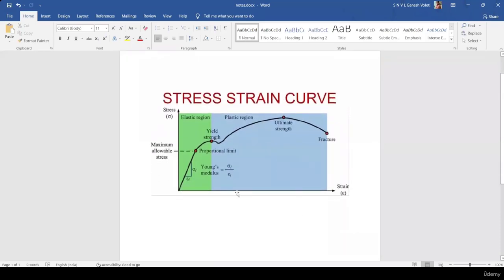Generally, I think all of you know about this basic stress strain curve. So I'm just writing one here.